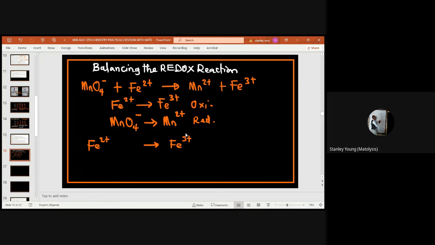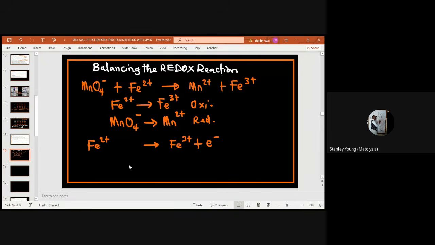I need to reduce this to the level of this. So how many electrons? Electrons are negative. When you want to reduce something, you add negative to the equation, to make that thing less positive. So I want to make the right hand side less positive. How many electrons do you need to do that? It's going to be 1 electron.